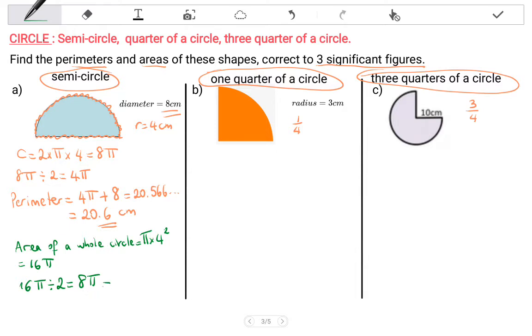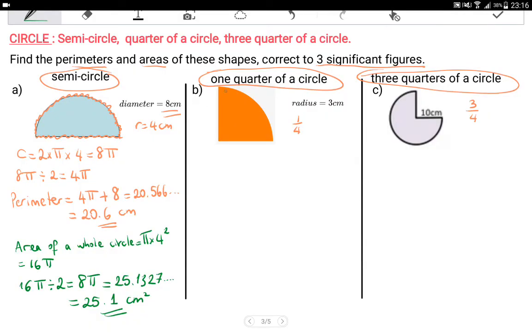We would like to see the decimal number. Press the S-D button to have the decimal number. So it is 25.1327 and so on, and do the approximation. 25.1 correct to 3 significant figures is your answer for the area of this semicircle.